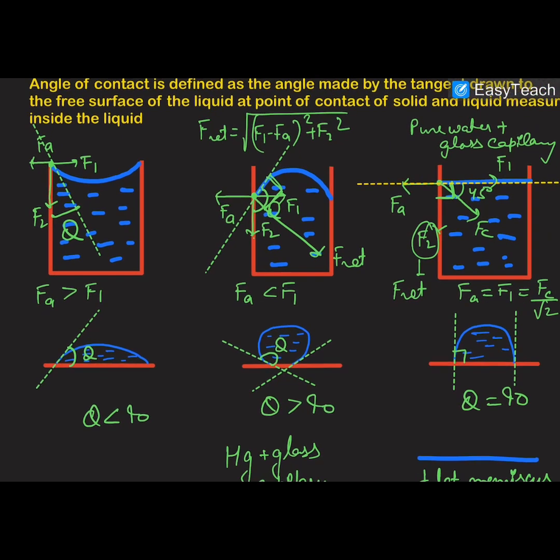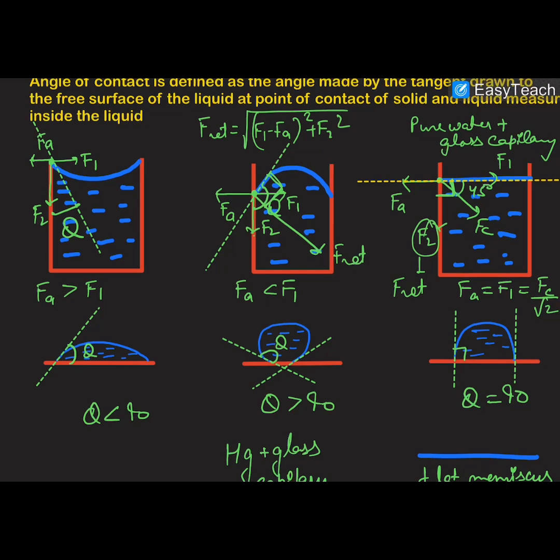And in the first case, we can see that the cohesive force is spread in the span which is less than 45 degree. So we can say that the net cohesive force will be more inclined towards the vertical direction, and hence we can claim that F2 will be greater than F1.